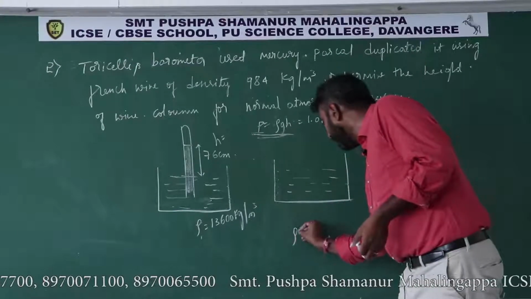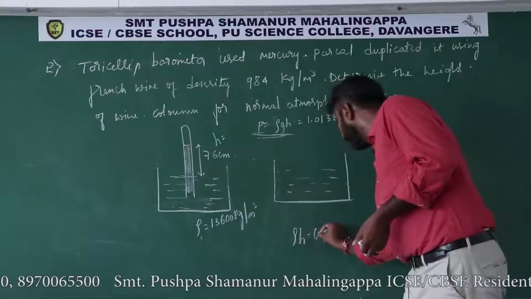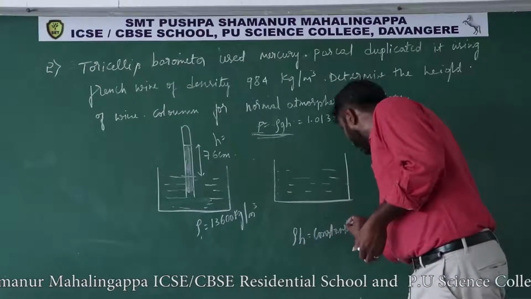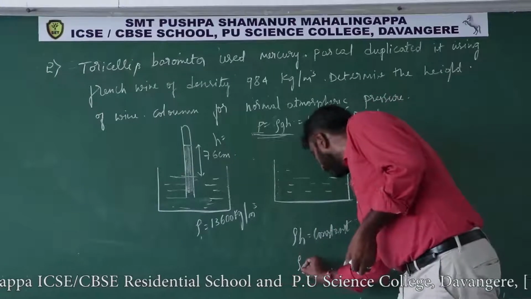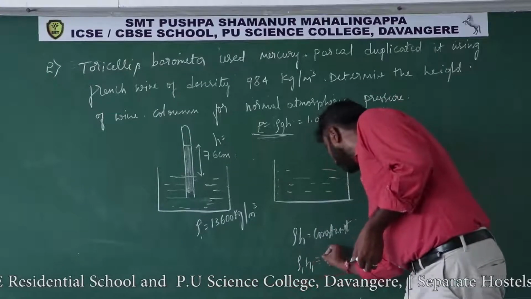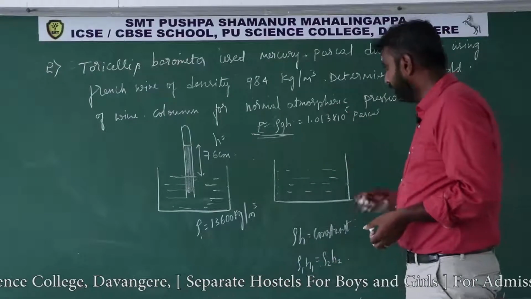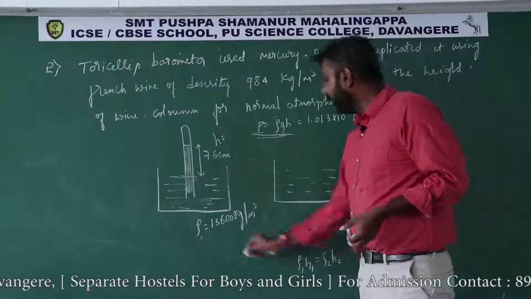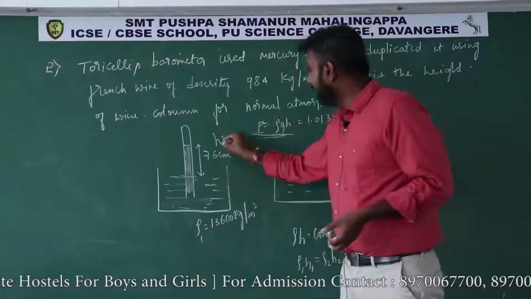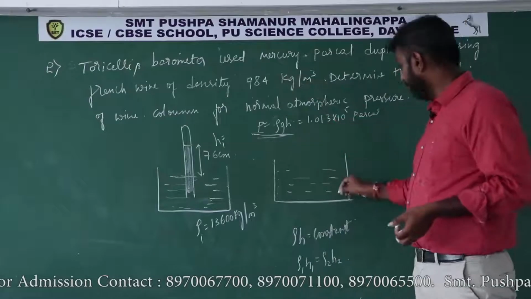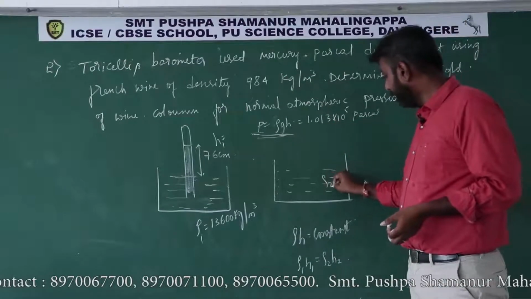Then we can write rho h equals constant. With this formula we can write rho 1 h1 equals rho 2 h2. Let us take rho 1 as the density of mercury, h1 as the height of the mercury column, and rho 2 as the density of wine.